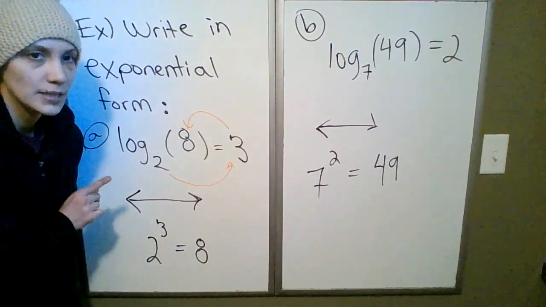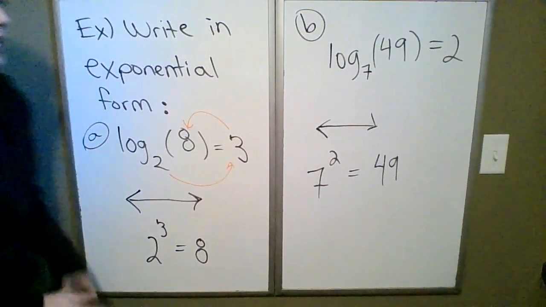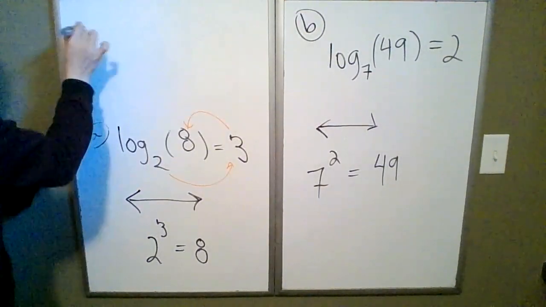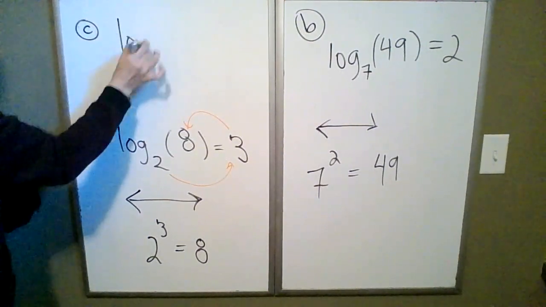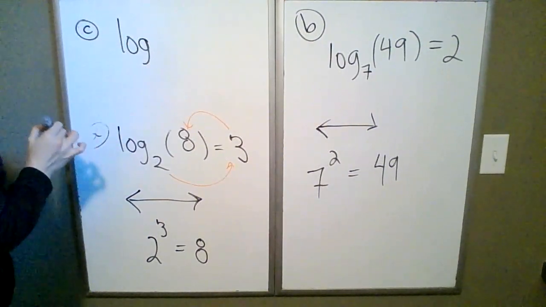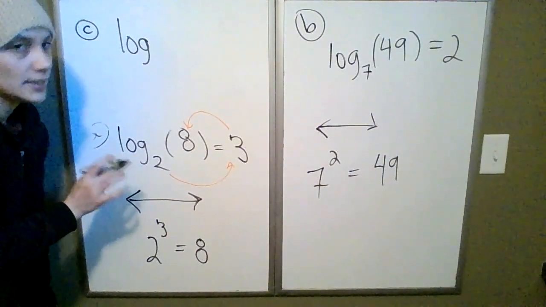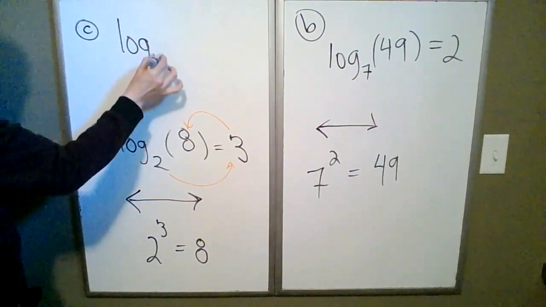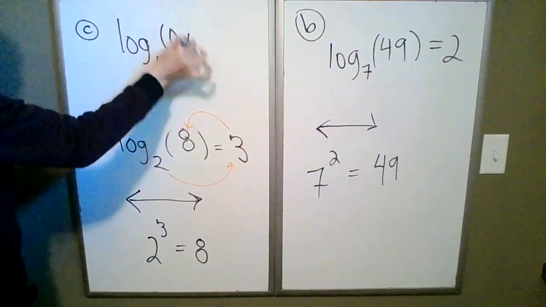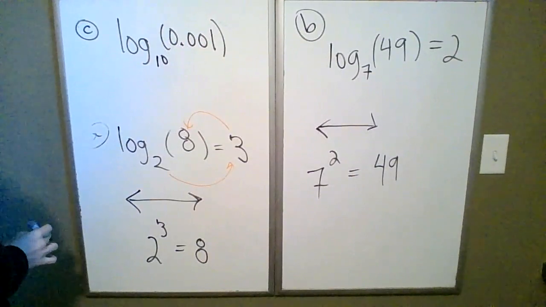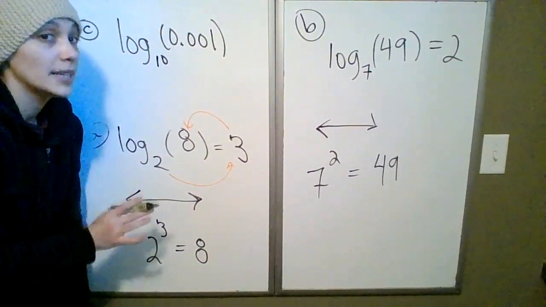Next one, part C, we'll look at log base 10 of 0.001 is equal to -3.